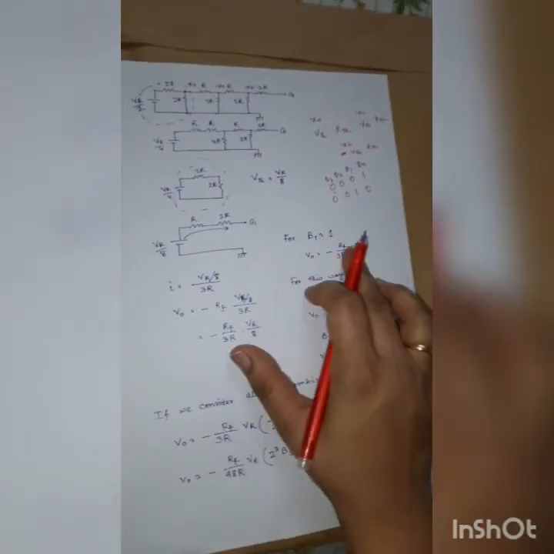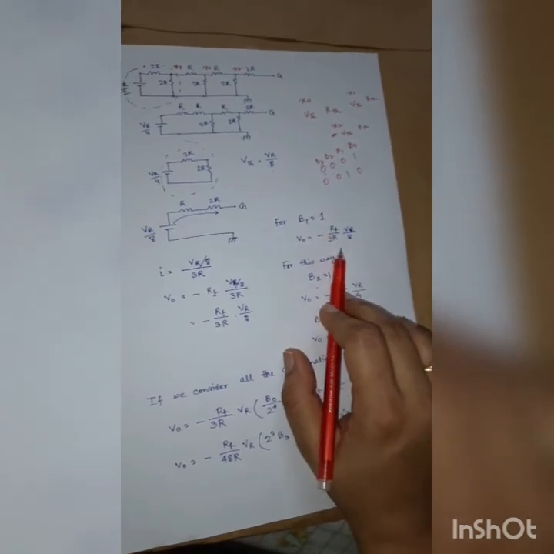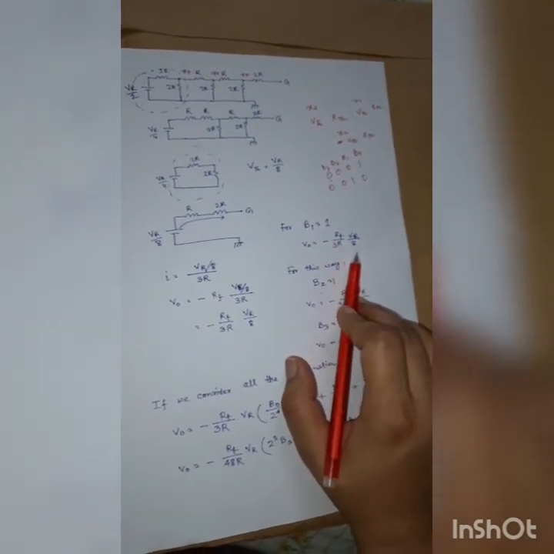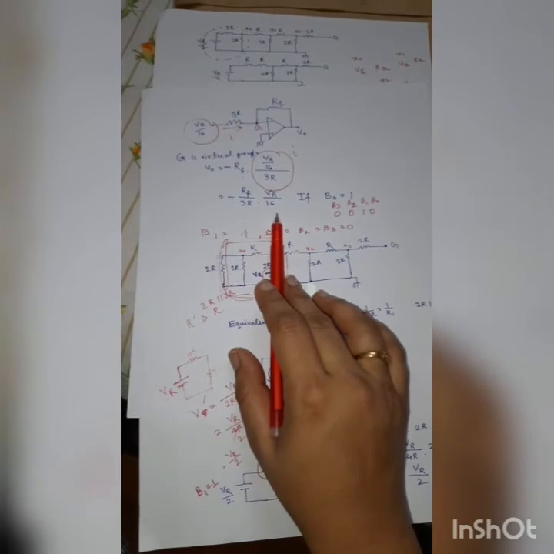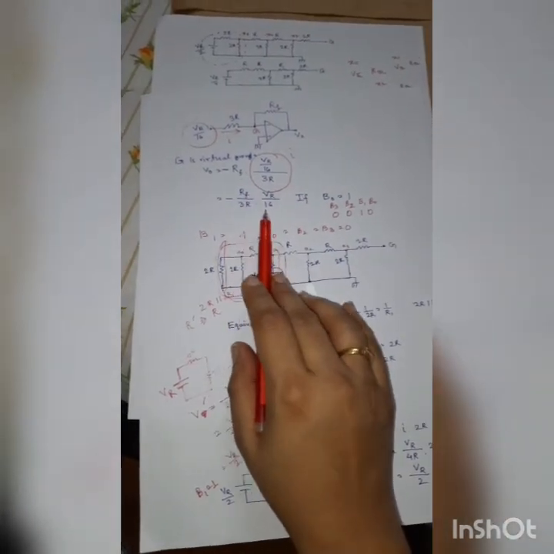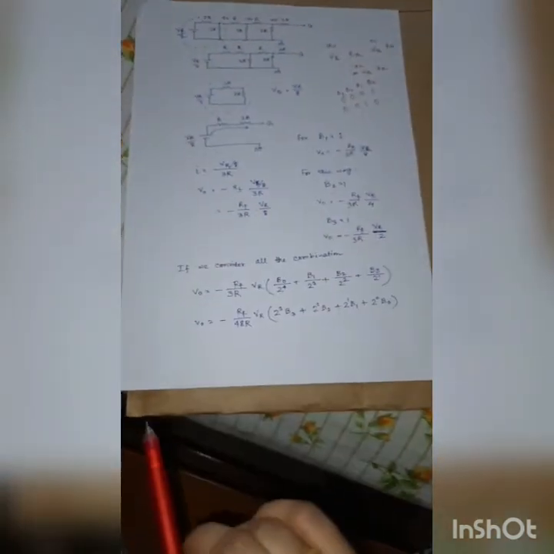So for B1 equals to 1, V0 will be minus RF by 3R into VR by 8. For B0, if we look into the circuit, it is VR by 16 for B0 equals to 1. So RF by 3R into VR by 16. So here it is VR by 8 for B1 equals to 1.